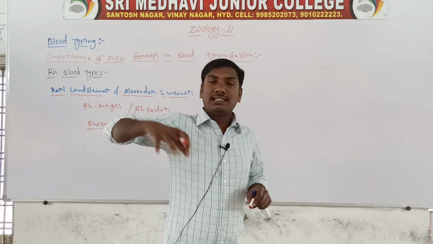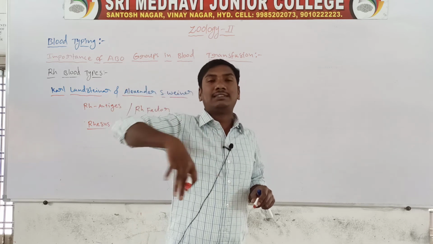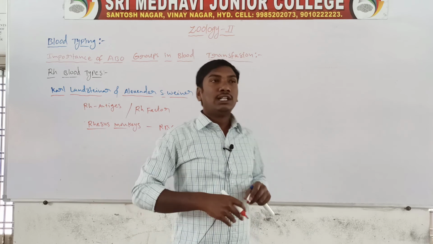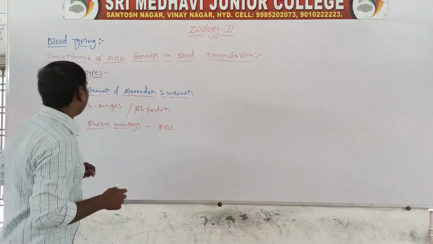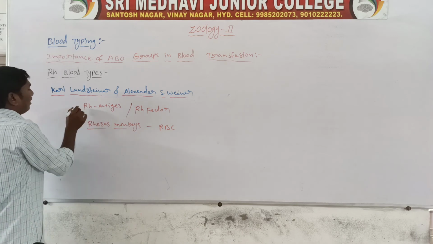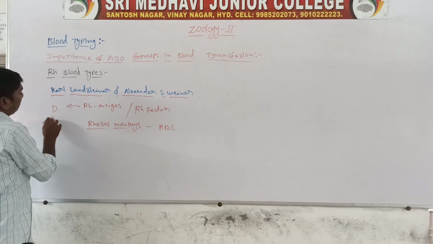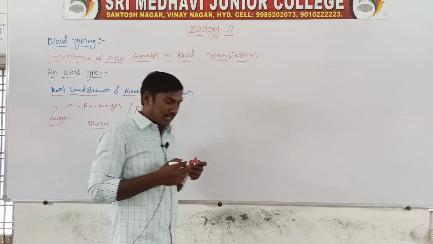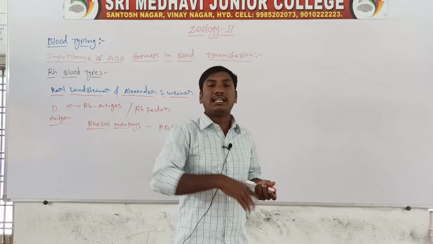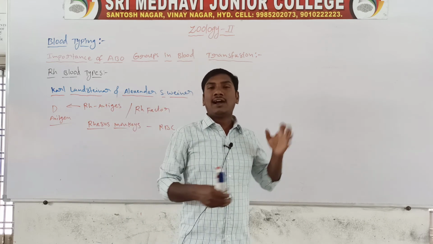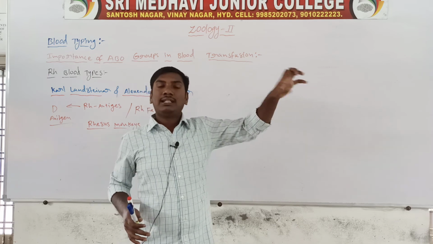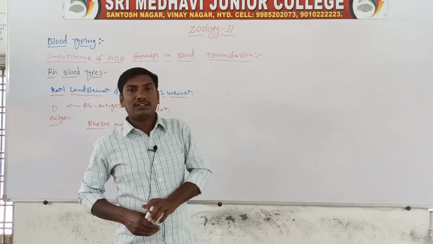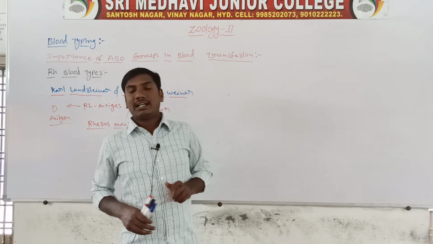The plasma membrane of the red blood cell contains RH factors. This RH antigen is called the D antigen. After identifying it in the rhesus monkey, they found that human blood also contains RH factors.